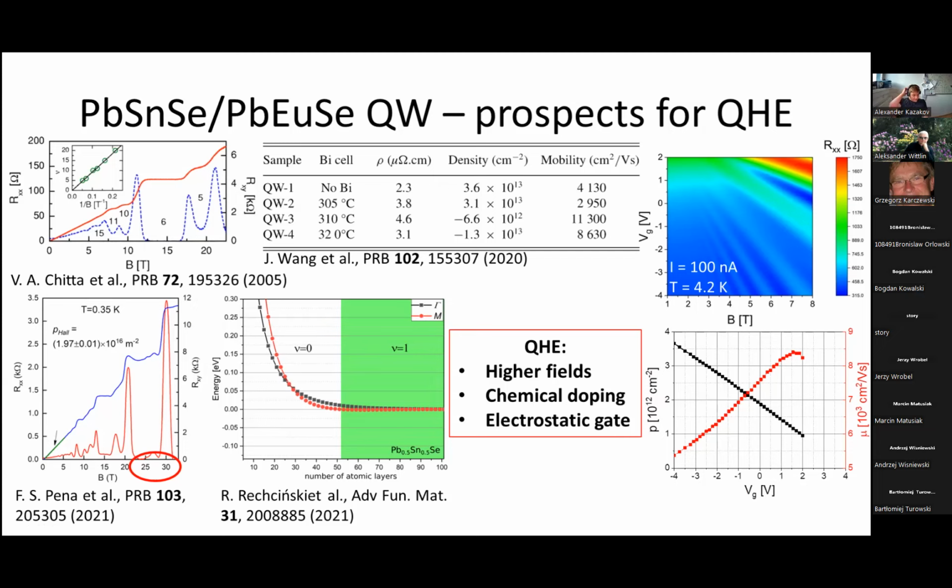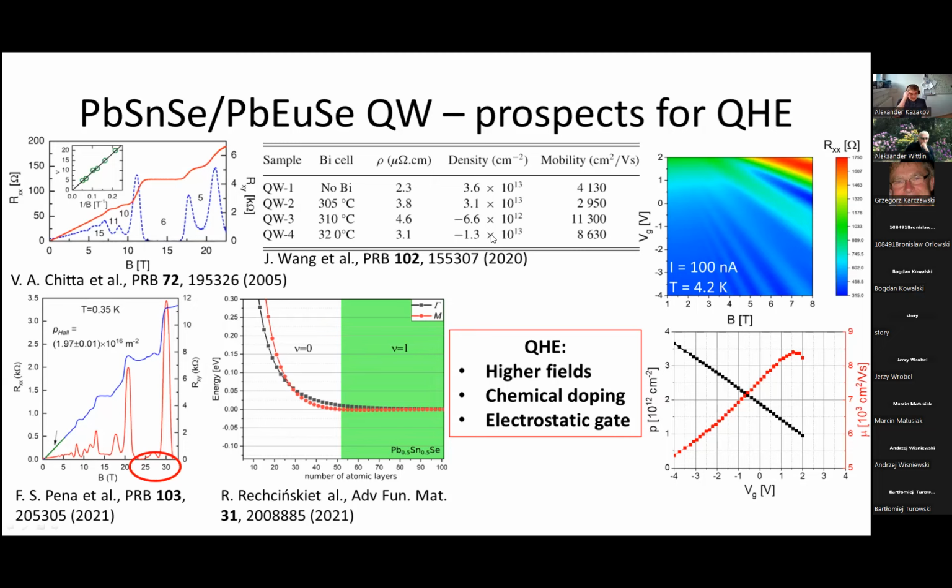Another approach is to bring the Fermi level down, which can be achieved by bismuth doping, and it was shown that in similar compounds, bismuth can be quite an effective dopant, moving the system from p-type conduction to n-type conduction.